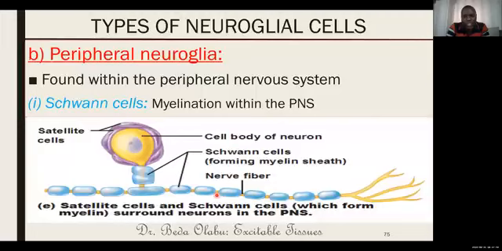The proteins within the myelin are different for central and peripheral myelination. I'll just leave it to that instead of giving you the names of the proteins. But basically, because of the difference in the types of proteins, we will see some diseases that only affect the central nervous system.